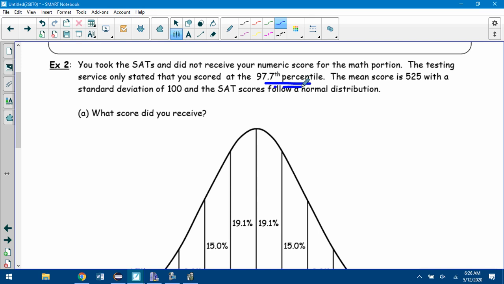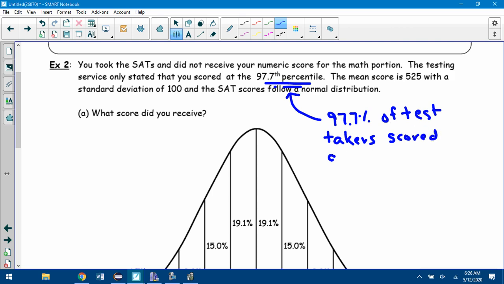When I see 97.7 percentile, this means 97.7% of test takers scored at or below your score.